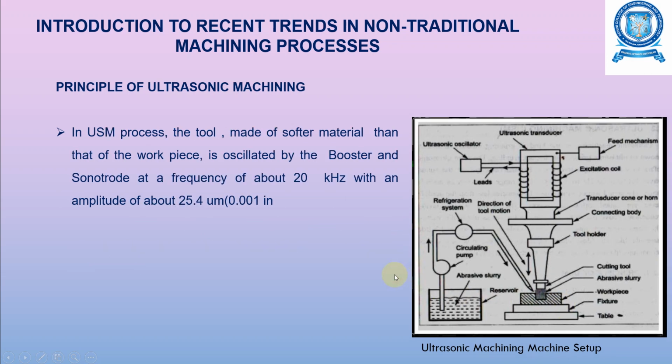So in the ultrasonic machining process, the tool made of a softer material than that of the workpiece is oscillated by the booster and sonotrode at a frequency of about 20 kilohertz with an amplitude of about 25.4.